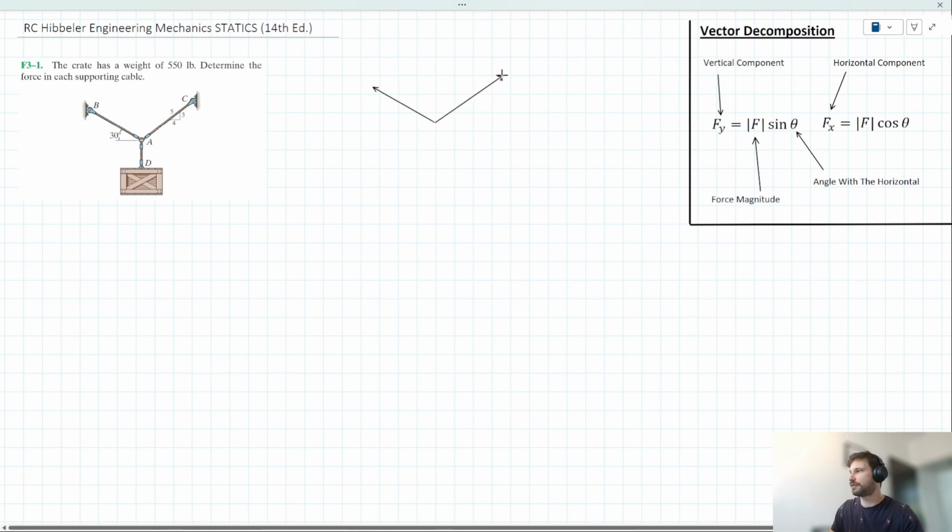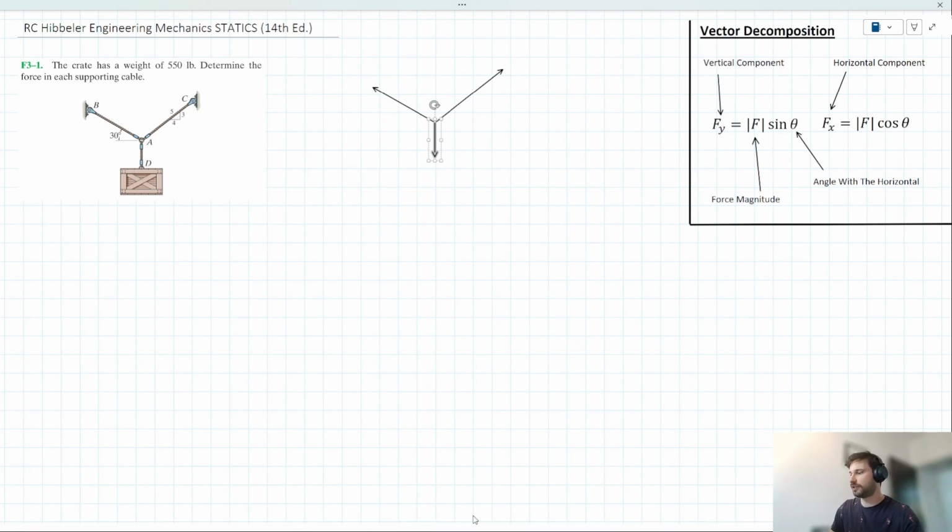So we effectively have three forces acting here. We've got the tension in rope AB, the tension in rope AC, and let's just call it the weight of the box here. We can label these up. I'm going to call this F subscript B, and this F subscript C, and we know the weight of the crate is 550, so we don't really need to label it.